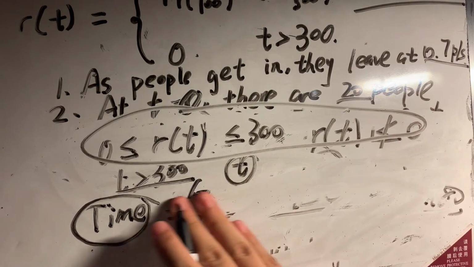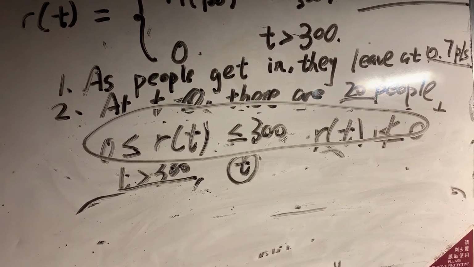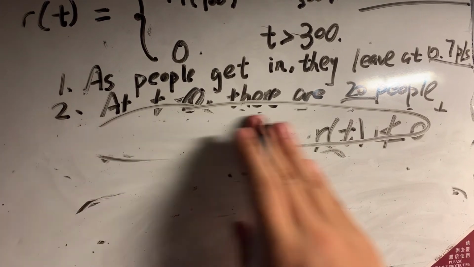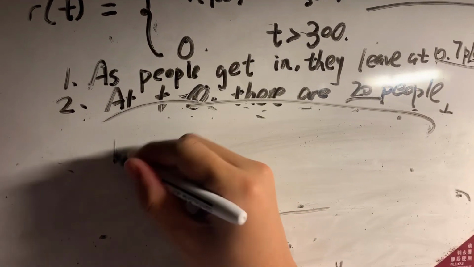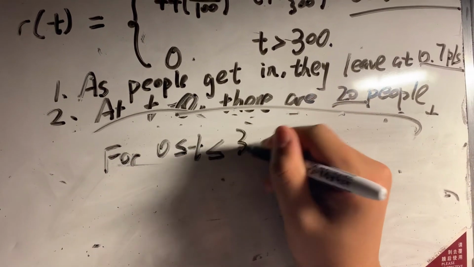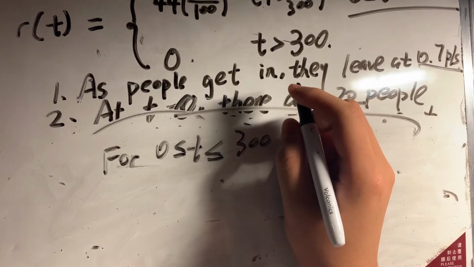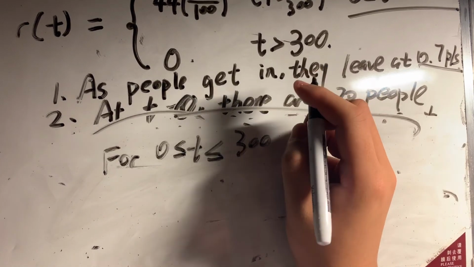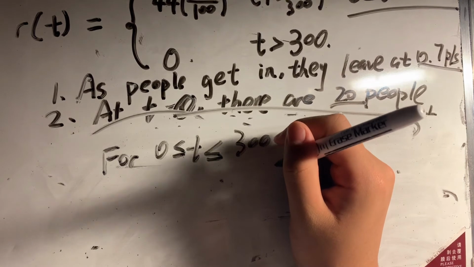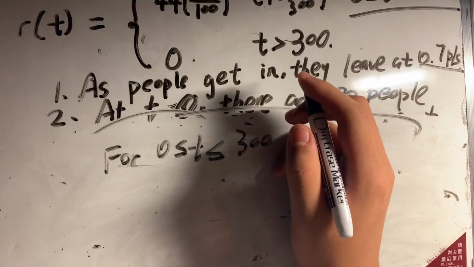Now let's work on the final problem. For 0 is less than t, less than or equal to 300, at what time t is the number of people in line a minimum?